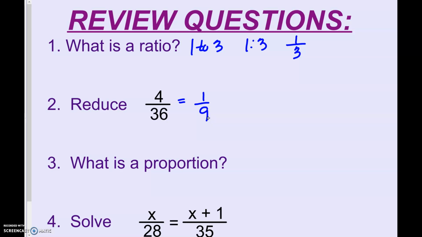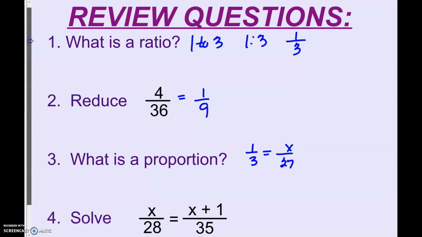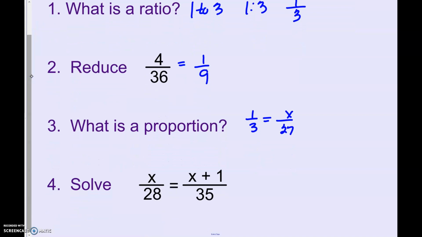Now, what is the difference between a ratio and a proportion? A ratio is a comparison of two things. A proportion is when you set two ratios equal to each other. So like 1 over 3 is what over 27? And then we would solve these. Now, how do we actually solve them? So let's first solve my one I just made up.